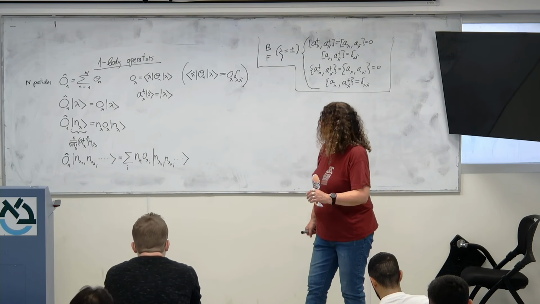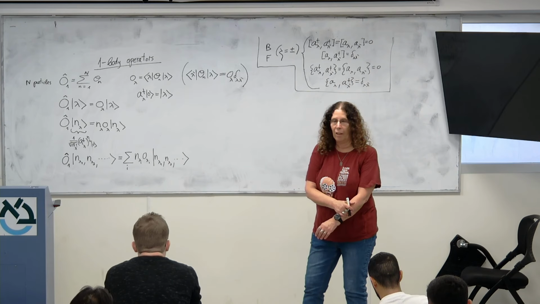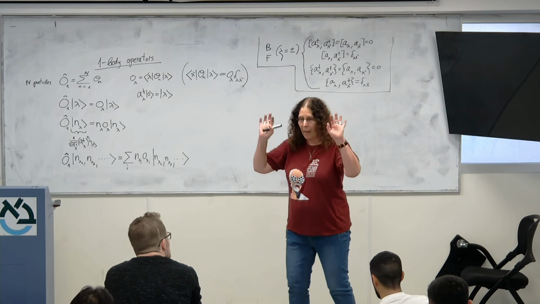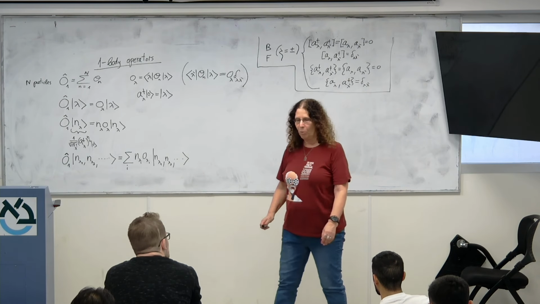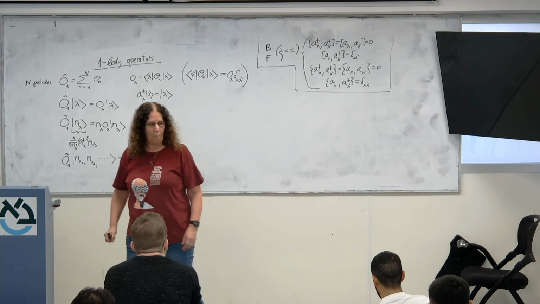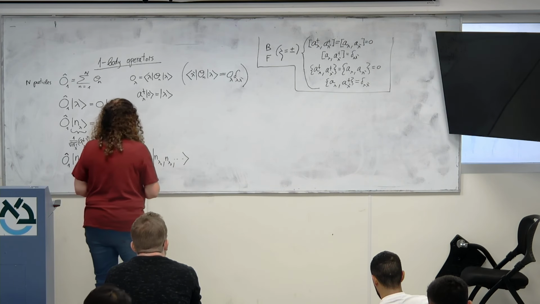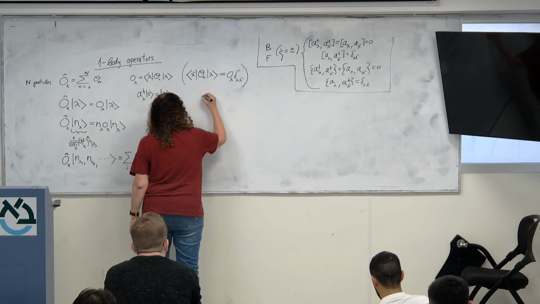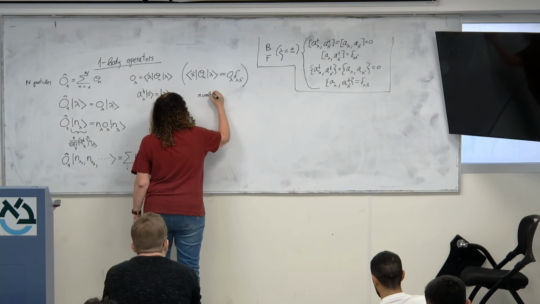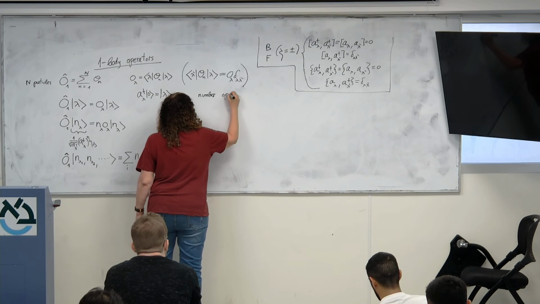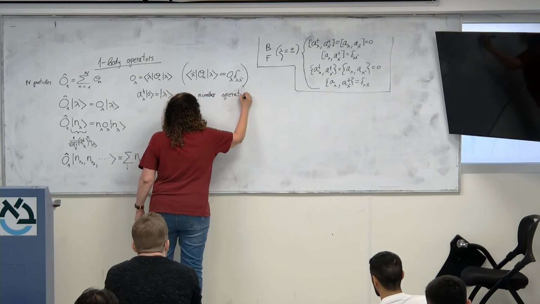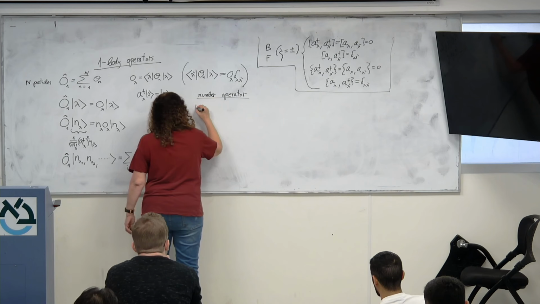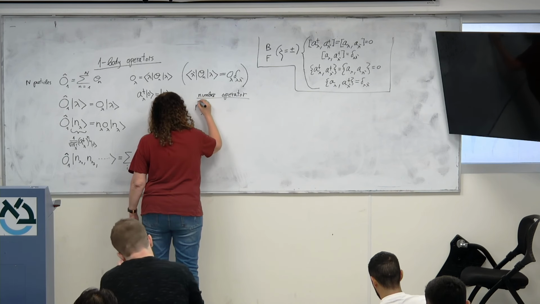Okay, good. So now let me give you a guess of what is the right way to write this operator. And the way we'll do it is, first of all, I want to define the number operator, n lambda operator.